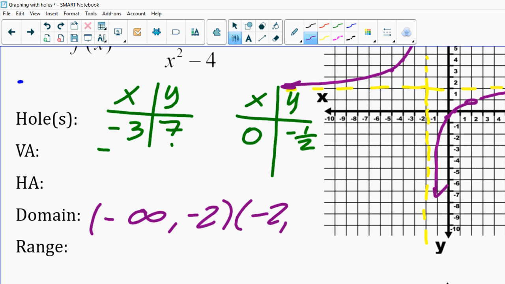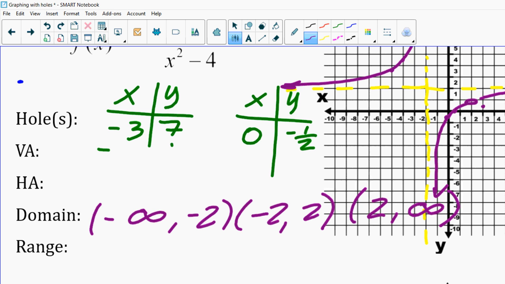Then we pick up on the other side of negative 2. 2 is left out, right? Because 2 is the x value of the hole. And we skip over that. And then we pick up and go all the way to infinity. Does that help? Is that making sense?